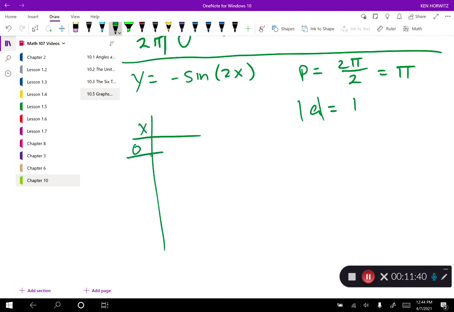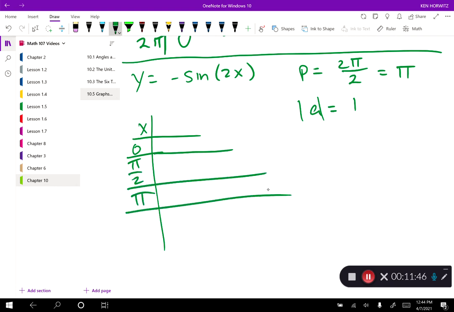So our x values of 0, pi over 2, pi, 3 pi over 2, and 2 pi, that was one period when the period was 2 pi. Now, basically, we're cutting everything in half. So our new x values basically have to be, take our old x values and just cut them all in half.